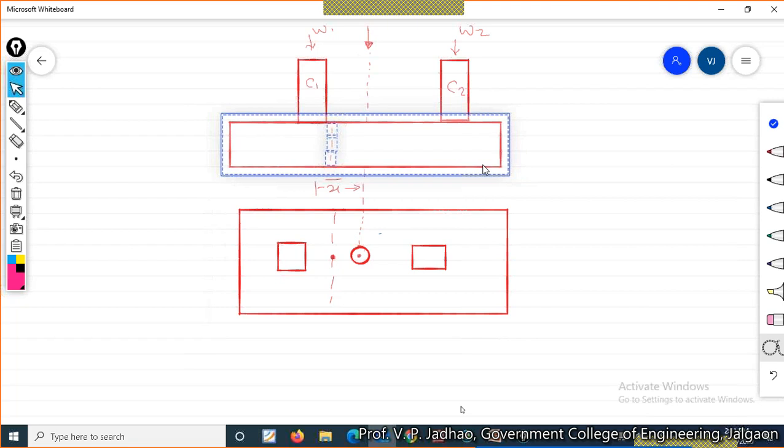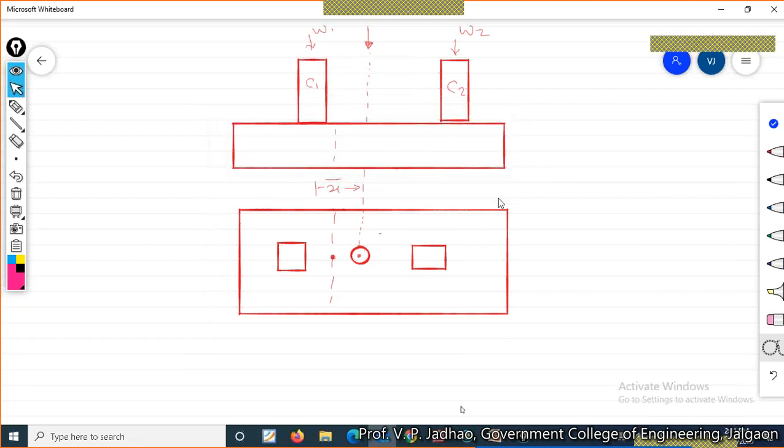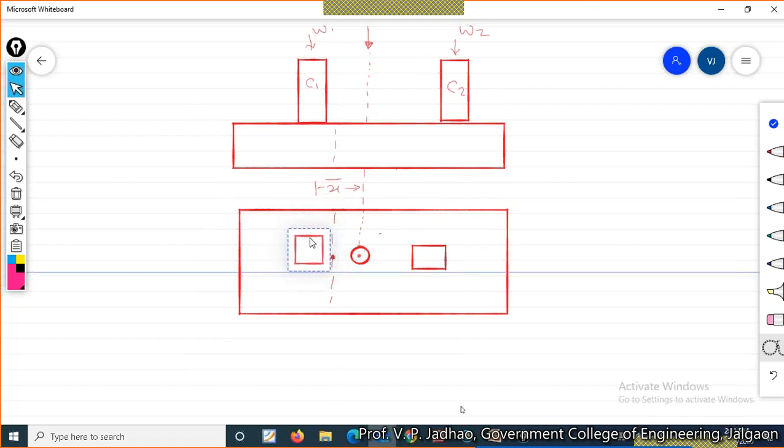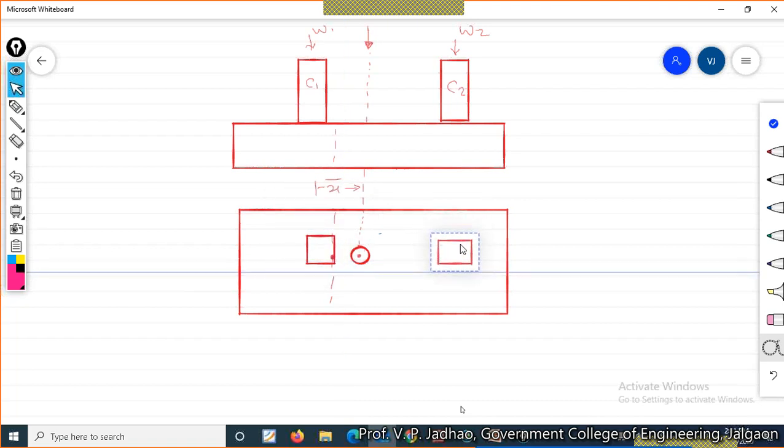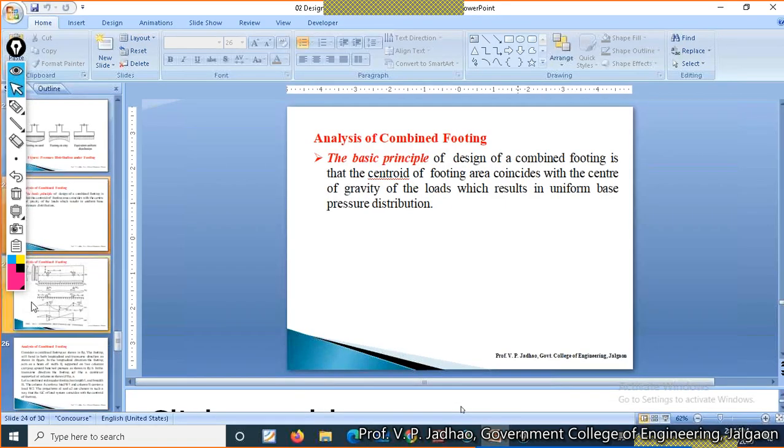It will be something like this. The new column position will be different. In this manner we will be fixing the positioning of the column and footing. So basically we will be coinciding the centroid of the load with the centroid of the footing. That is the basic principle. Now we'll move forward.